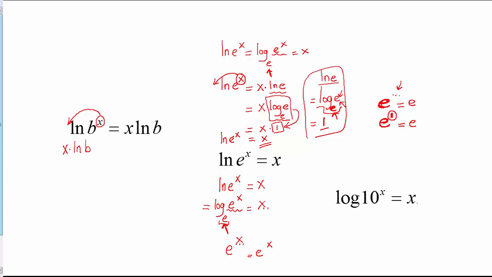Okay. Now, in a similar fashion, if I have log of 10 to the x, what am I asking you? I'm asking you which power of 10, the base hanging from the letter g, will give me 10 to the x, the quantity inside the log.